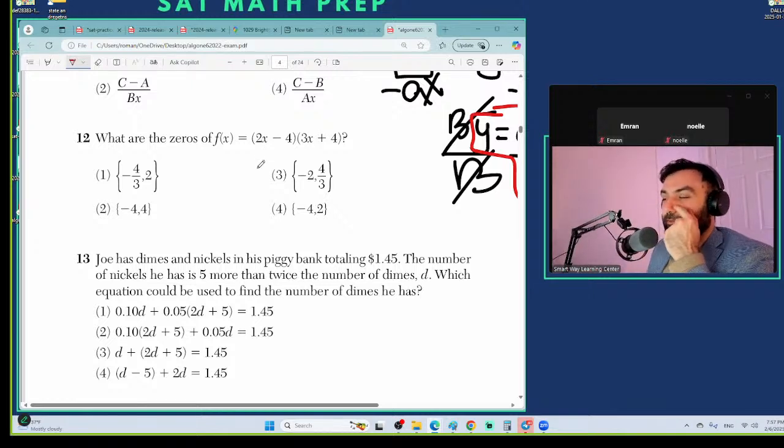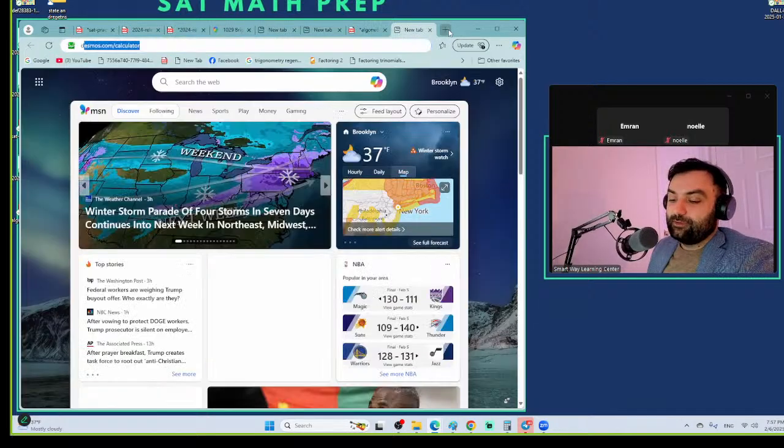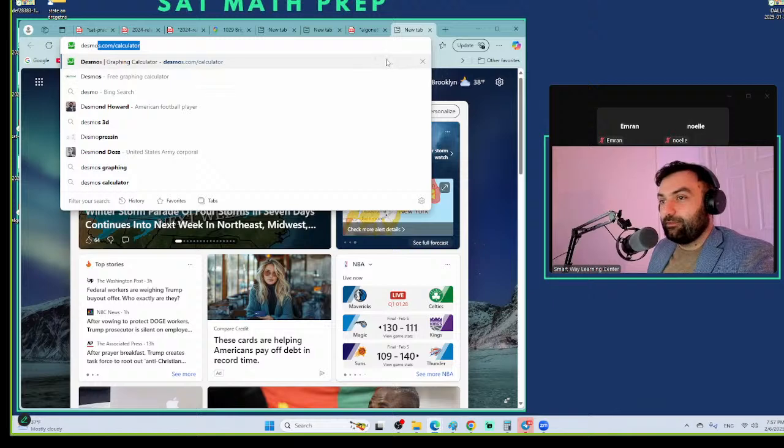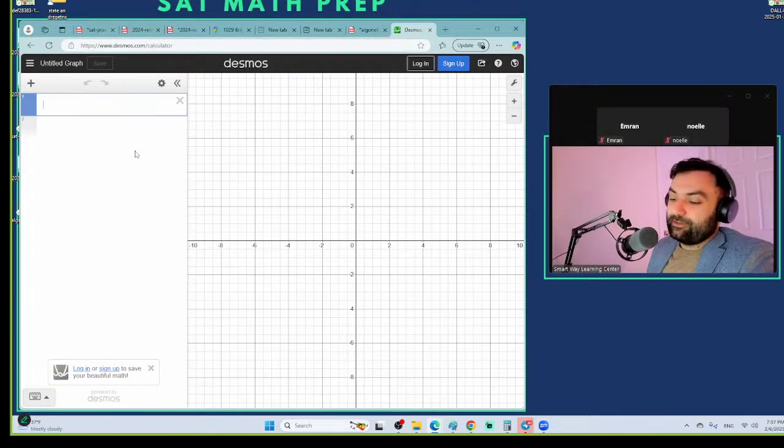There's also a regular algebraic way, which is going to take a little longer. I can do it in class for all of you, but today I wanted to show you how to do it graphically.